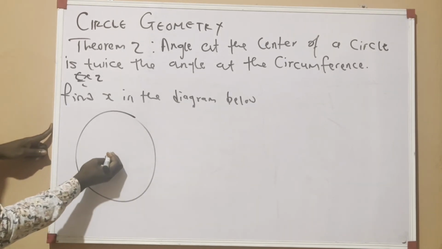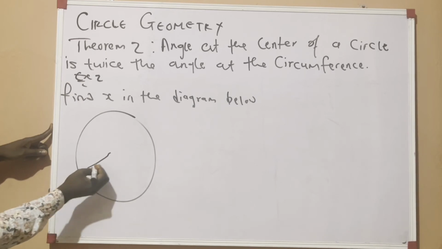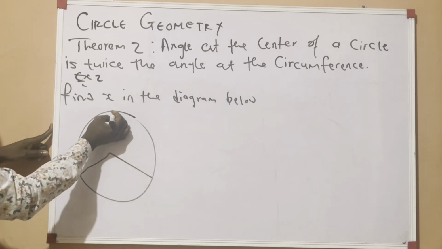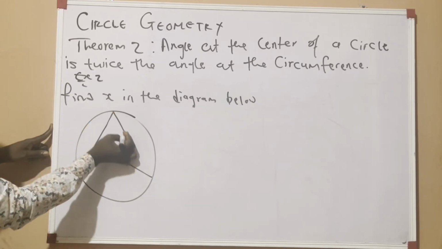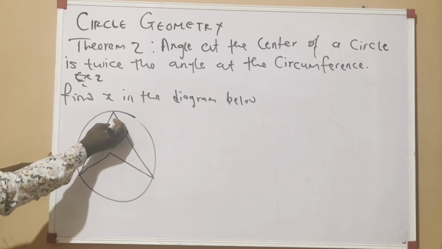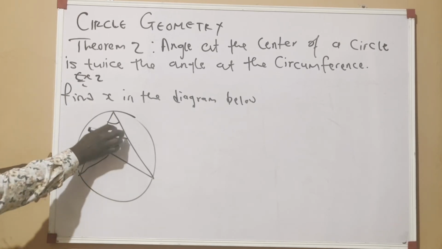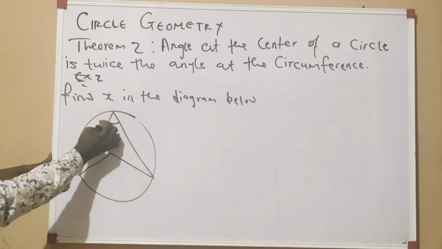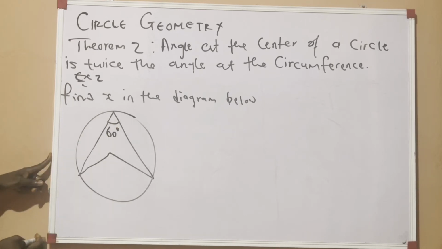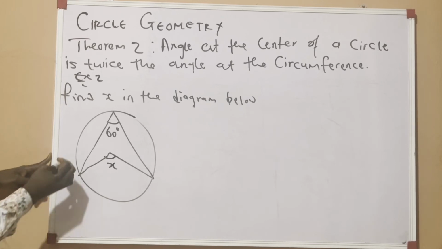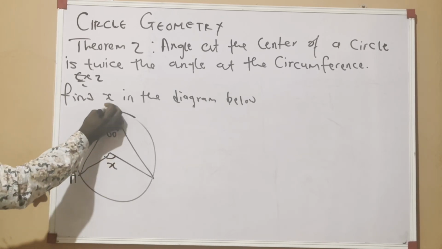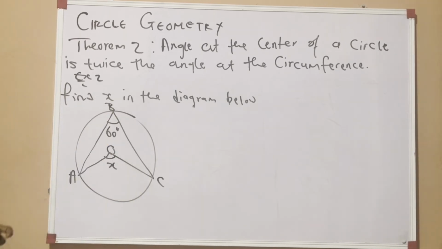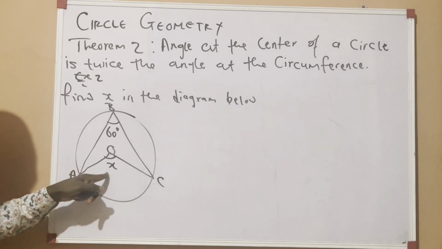Now, if this is the center, we have a radius. We also have a radius. We have a chord. We also have a chord. Now, if we have 60 degrees here, and then we have x here. Now we have A, B, C, and O at the center. And then we are told to find the value of x.